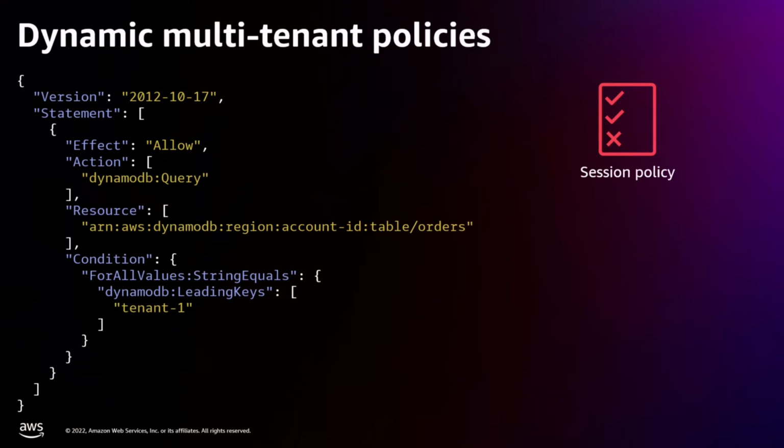So I can add a request condition on top of this policy that says for leading keys in DynamoDB, which means the partition key, the value of the partition key for that item has to equal this unique tenant identifier for me to be able to do a query against this resource. So we've now basically implemented row-level security inside of DynamoDB, and we can do it at runtime.